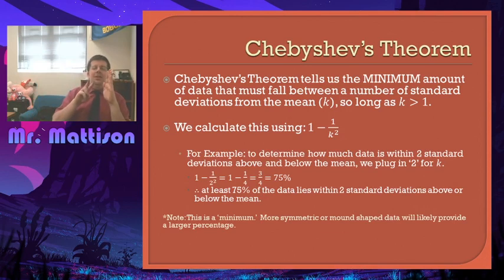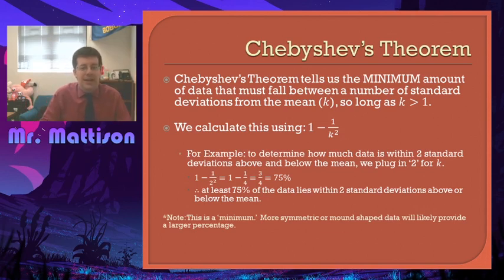Then that means that if I go up 4 inches, that's up to 5'10", and down 4 inches, that's down to 5'2". I'm saying, hey, 75% of my data should be between 5'2" and 5'10". So that's what Chebyshev's theorem says.